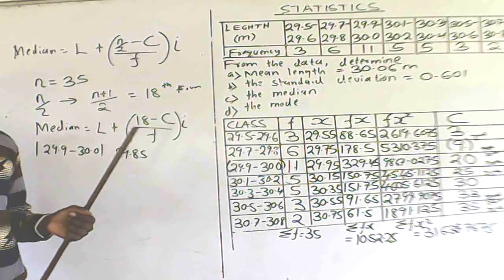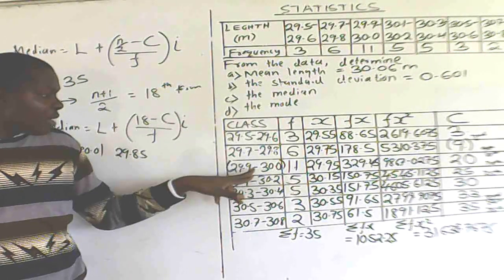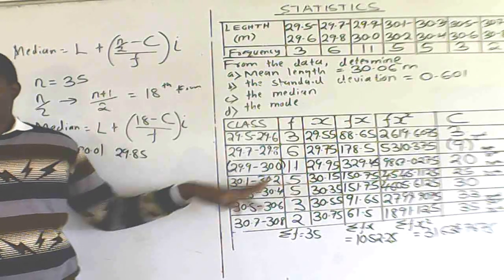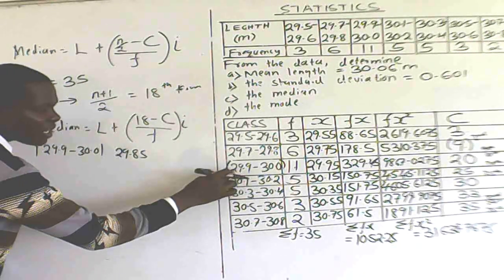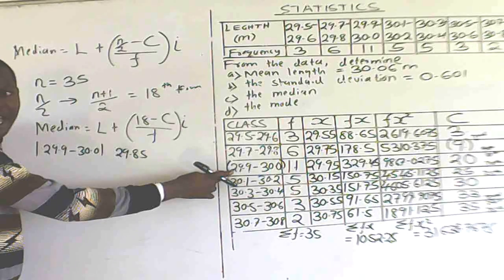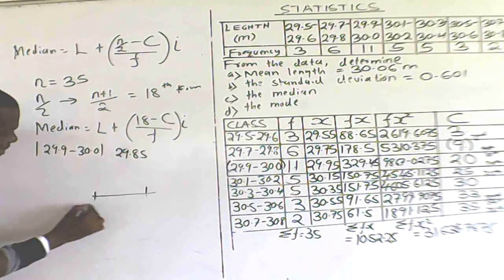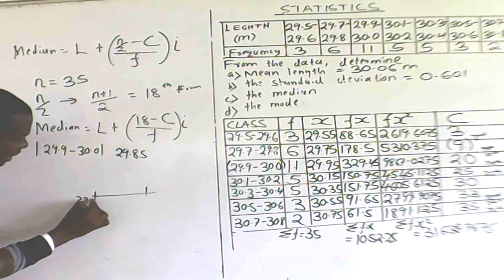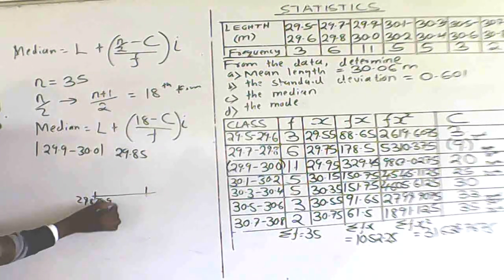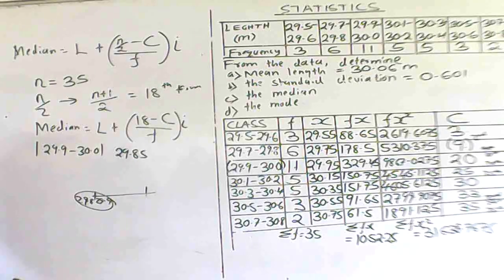Is that okay? So we've seen the median class is 29.9 to 30.0. If you want the lower class limit here, this class boundary is at 29.9, but the other class ended at 29.8. So the average here gives you the class limit there, isn't it?